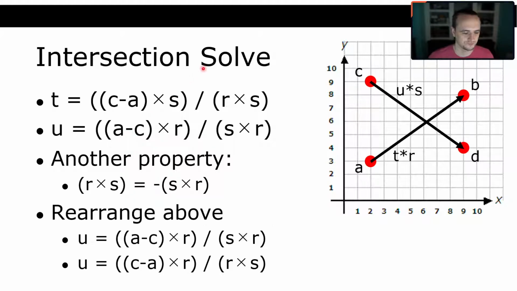So we're going to rearrange the above. u is equal to, initially, ((A − C) × R) divided by (S × R). However, we can invert this term because it's negative, and we can flip the things that are crossed in the denominator. You see how that works? Because of this property, we can turn this line into this line.